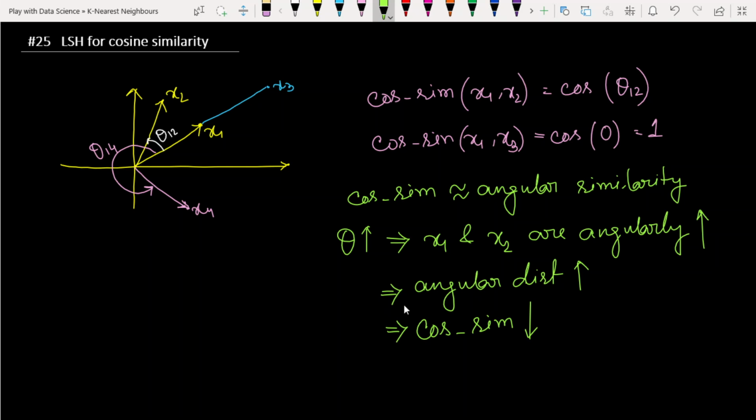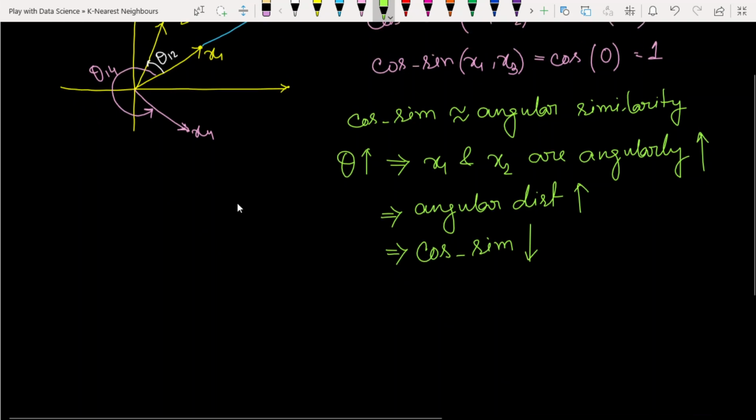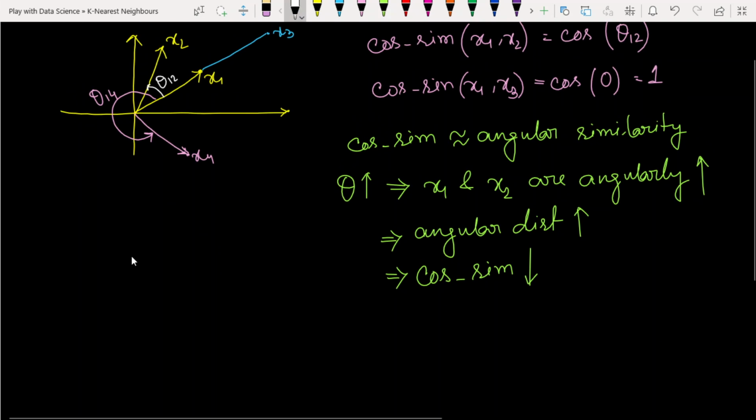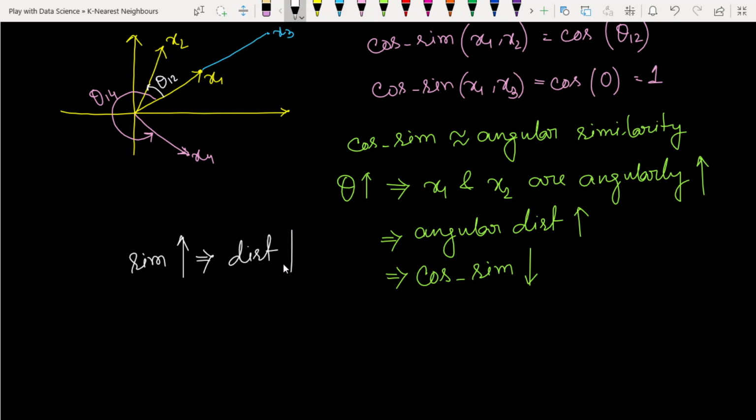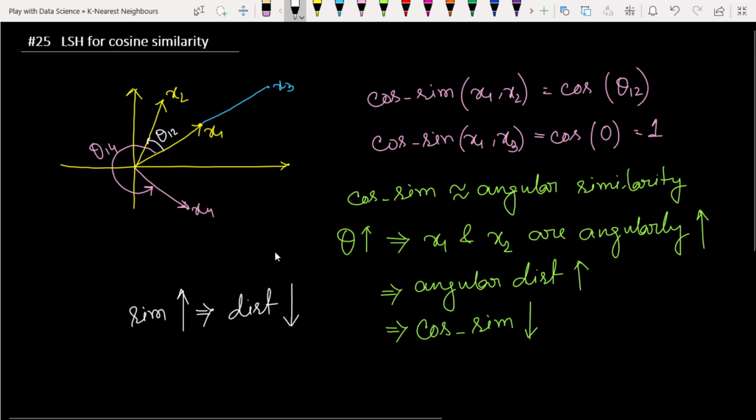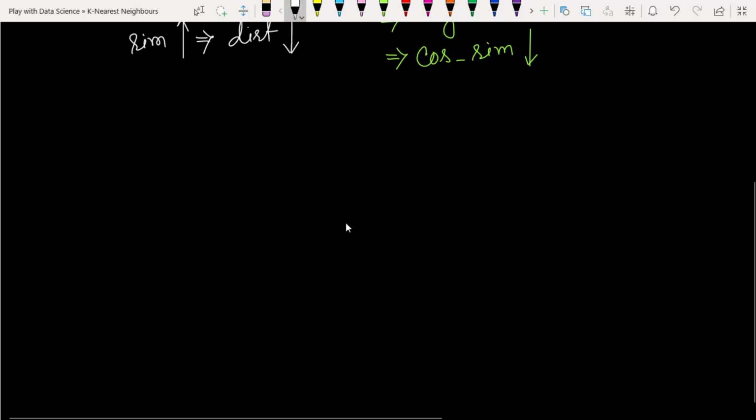This is the simple relationship. We already know these things from one of our previous lectures. And the relation between similarity and distance is like that: if we increase the similarity, then our distance decreases. So this is the simple relationship between angular similarity and cosine similarity.